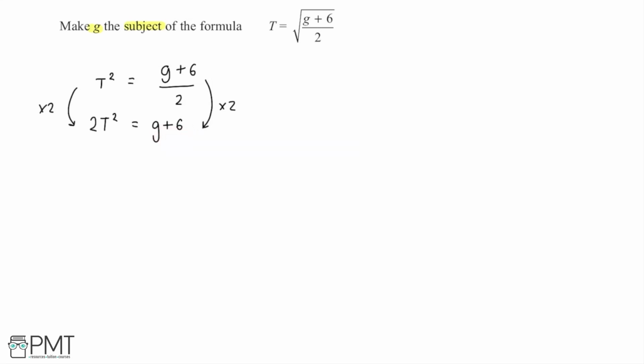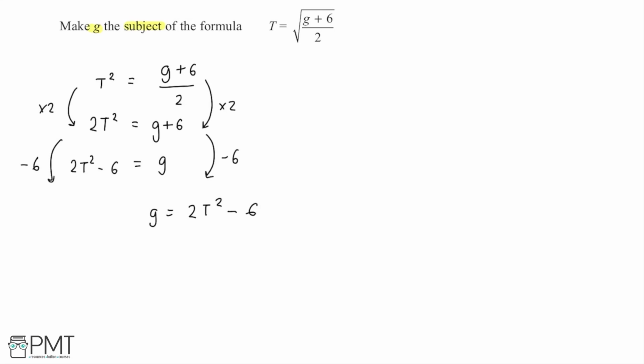And I can do that, making sure I do the same thing to both sides of the equal sign, by subtracting 6. Subtracting 6 from both sides of the equal sign gives me G, and that's 2t squared, subtract 6. So the final answer for this question is that G is equal to 2t squared minus 6.